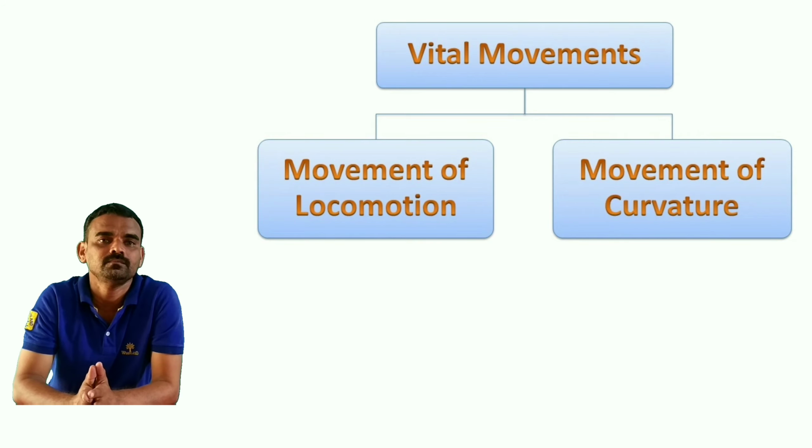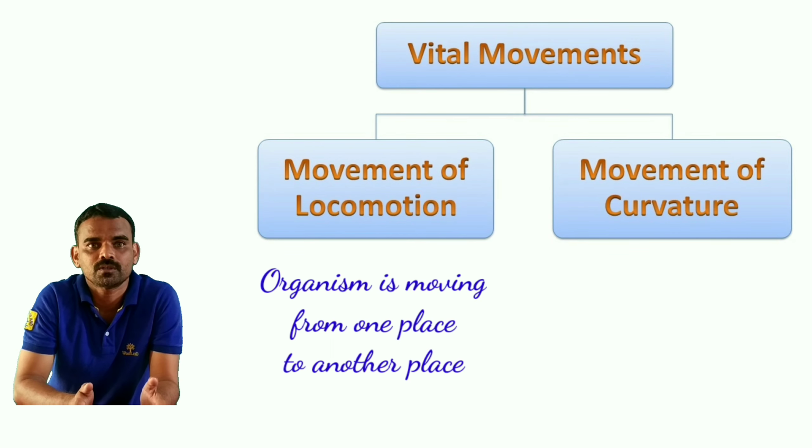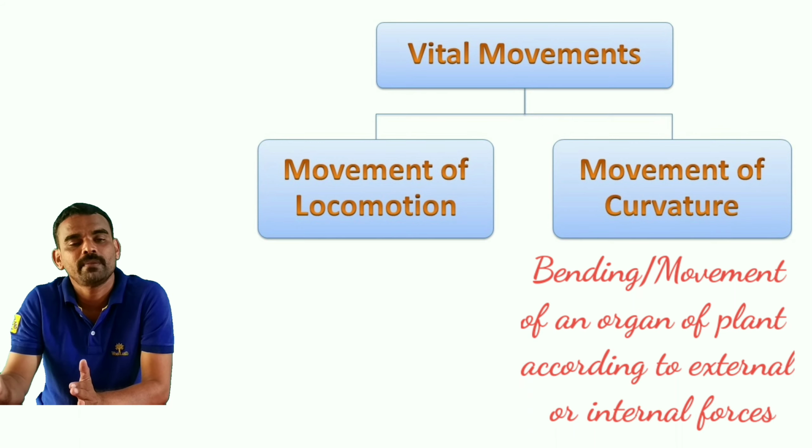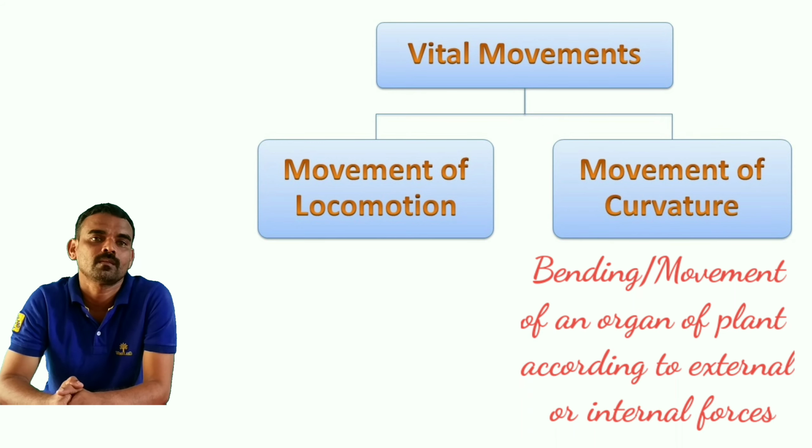The main difference between these two is that in movement of locomotion, the complete organism or plant body moves from one place to another, while in movement of curvature, the plant body is not moving from one place to another, but some part of the plant body is bending or moving according to the external or internal stimulus.